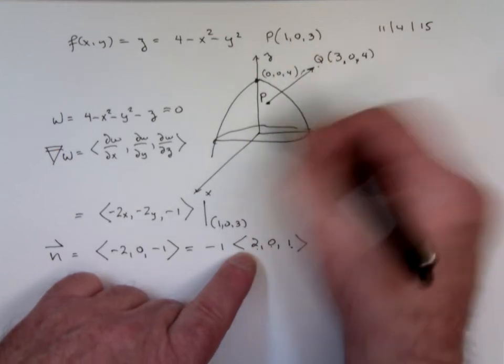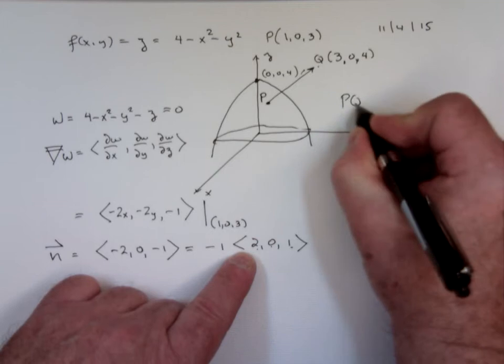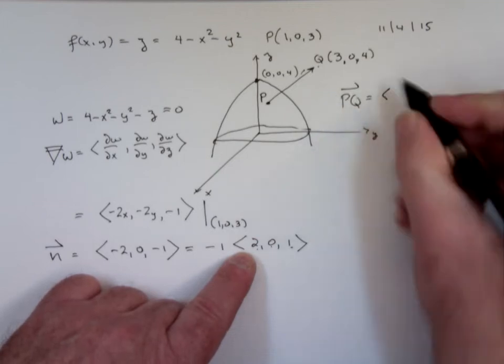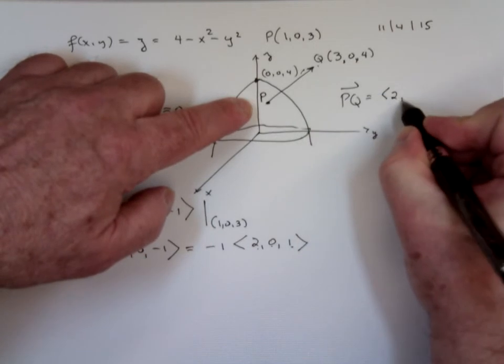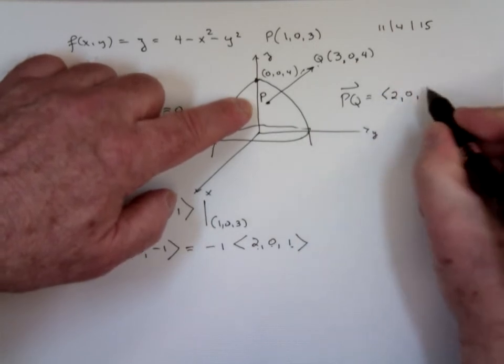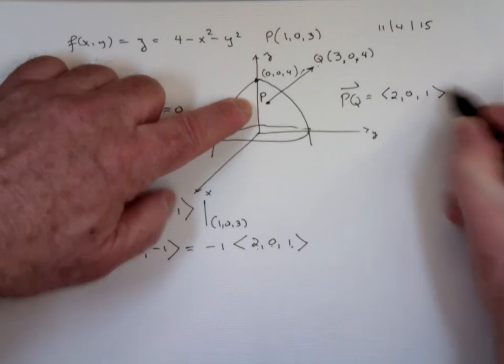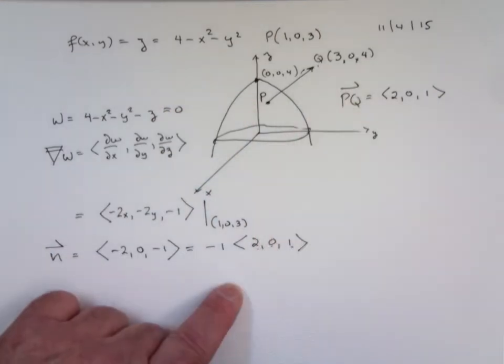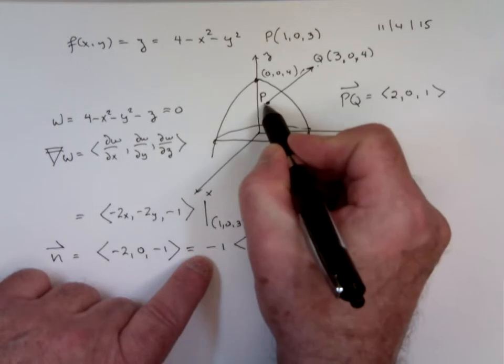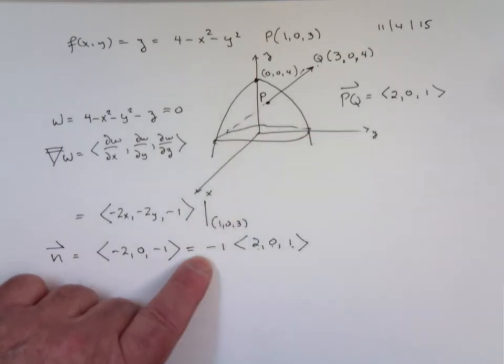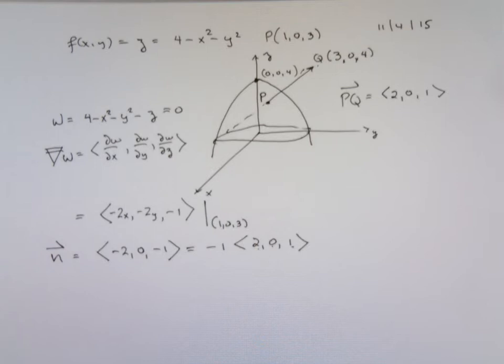So that vector PQ, which is (2, 0, 1), is the normal vector that I'm looking for. I could have kept the negative in there. It would have pointed it this way, and that still would have been a normal vector. But what I wanted to do is have the vector pointing outward. So I changed it around and made it pointed outward.